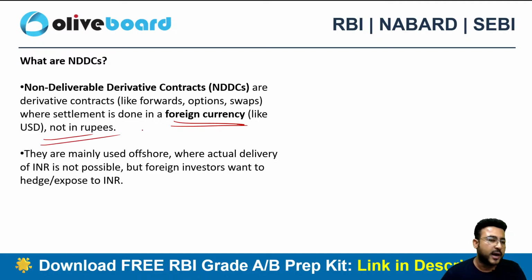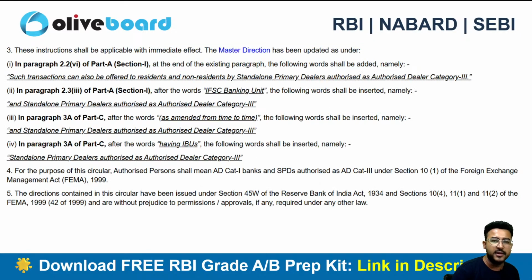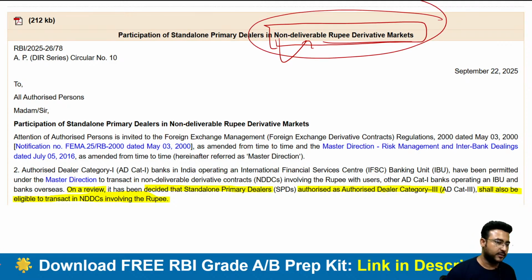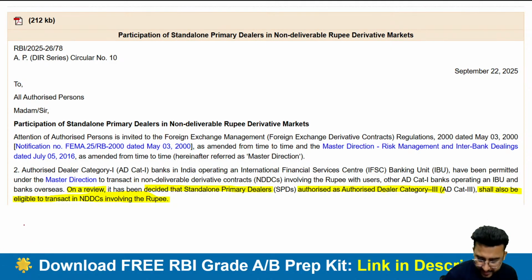So they are mostly used by offshore entities. Why? Because the actual delivery of INR is not possible, but the foreign investors need to hedge their exposure in the INR. So in order to hedge in INR, they opt for the non-deliverable rupee derivative market. Sir, what is the update here? The update here is, earlier it was only permitted to standalone primary dealers of authorized category 1.